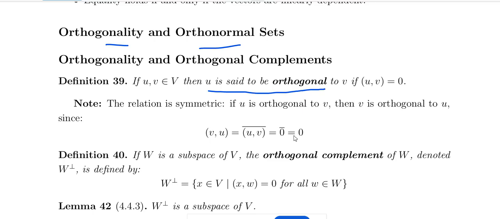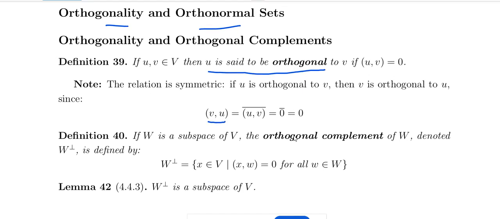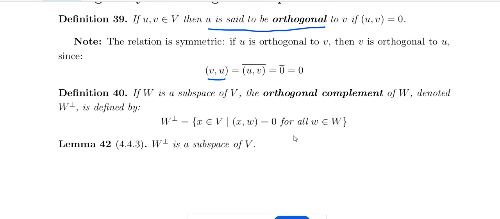So the relation is symmetric, that is if u is orthogonal to v, then v is orthogonal to u, because by the inner product definition, v comma u equals u comma v whole bar. So v comma u equal to 0 means u comma v equal to 0 bar, that is equal to 0. So by the property of the inner product space, u is orthogonal to v and v is orthogonal to u, that is the symmetric relation is true. And orthogonal complement, that is a very important definition.